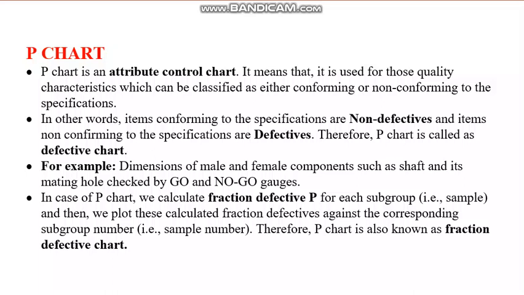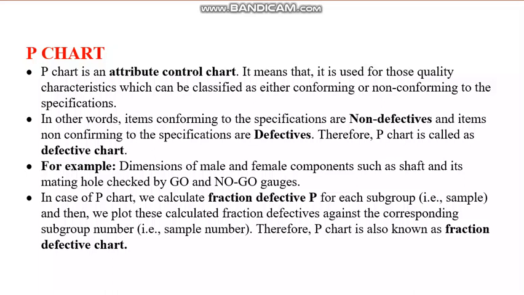When we are talking about attributes, in other words, items conforming to the specifications, where specifications means design specifications, if it is conforming, that means it is according to the need, as per the requirement, then it is called non-defective.